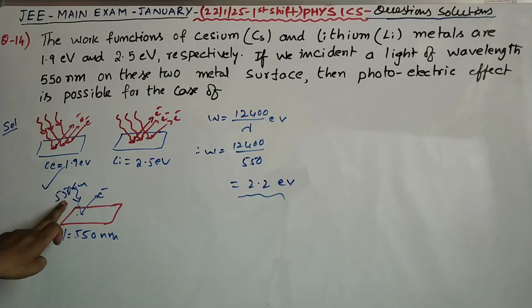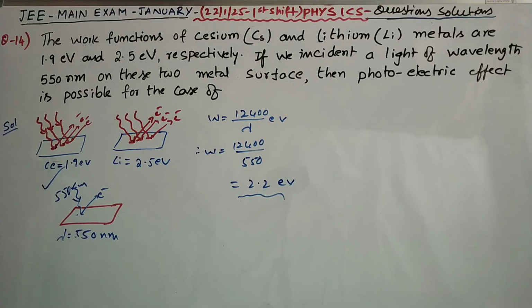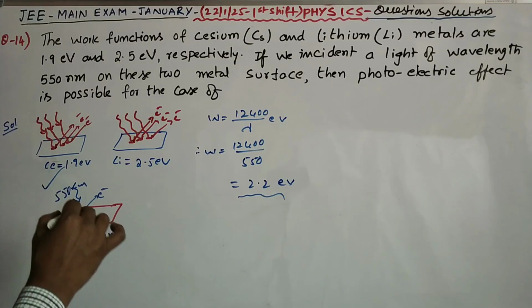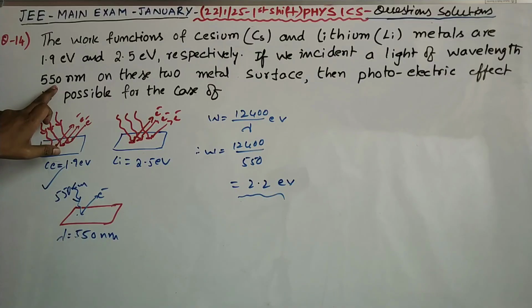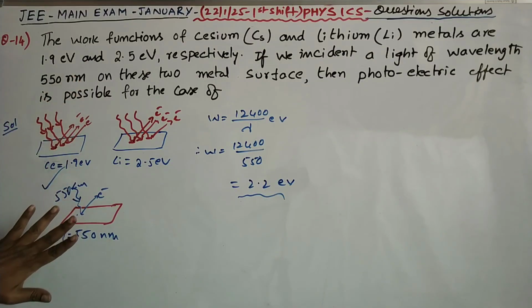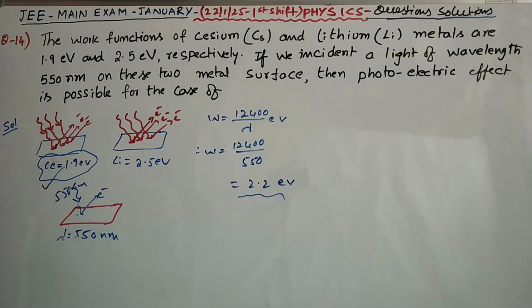So the same 550 nanometer radiation incident on lithium gives no photoelectric effect. So in the given question, this is the solution: only from cesium metal photoelectrons are ejected.